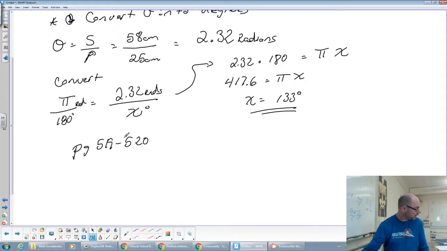So when the question says estimate, they mean use the ratio, or use the 57.3 degrees per radian to help yourself figure out what it is. So you can do numbers 4, 5, 6, and 8 for some practice.